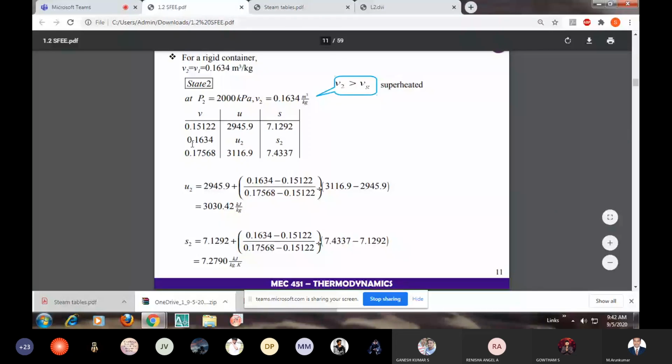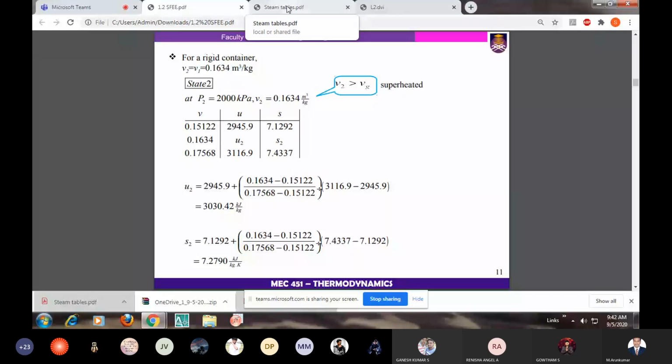Okay, for this we can use any of the tables. In this slide, they used another table. In that table, the properties available were used to interpolate. So here we have another table, so we can use these values to interpolate. Then we can find the same values. Just try this one. Yes, you can use this table and interpolate. Then we can get the same value.